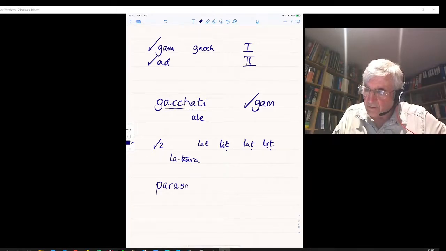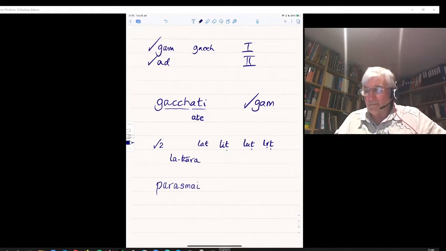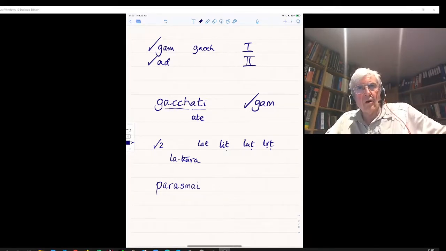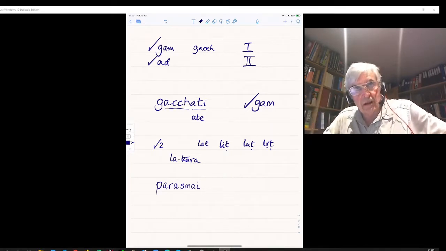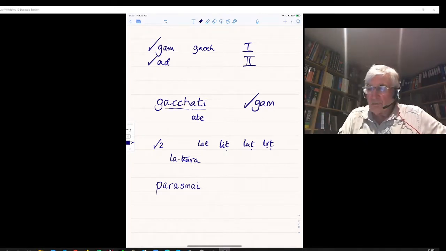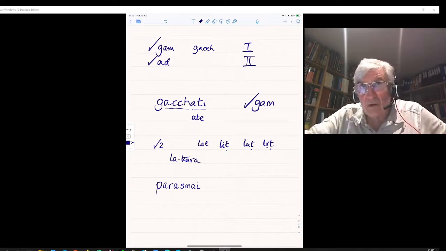This is the pronominal declension. That's why it ends in smai, not in aya. You know the phrase, homage to that noble guru, tasmai Shri Gurave Namaha. So parasmai means to or for another.